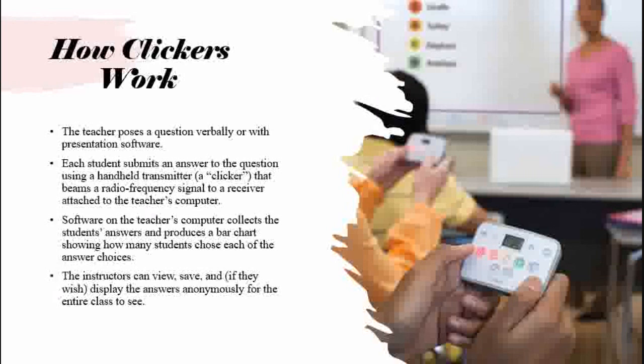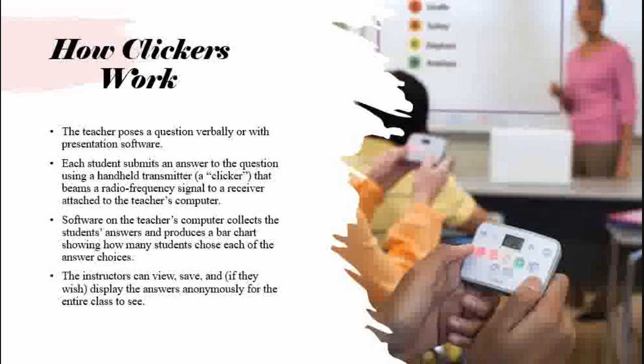First, the teacher poses a question verbally or with presentation software. Each student submits an answer to the question using a handheld transmitter, which is the clicker, that beams a radio frequency signal to a receiver attached to the teacher's computer.